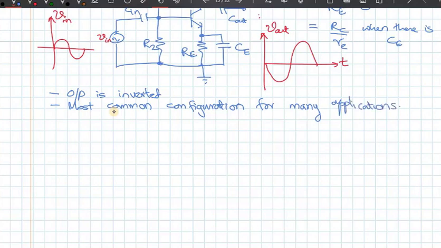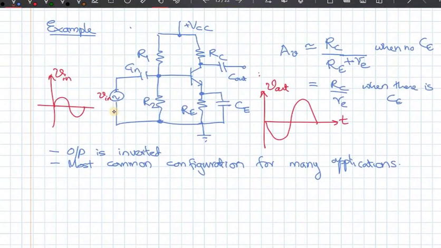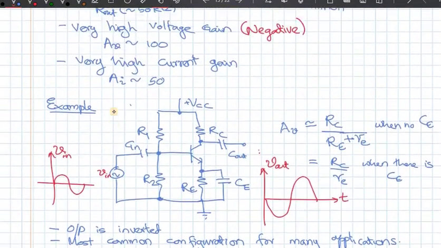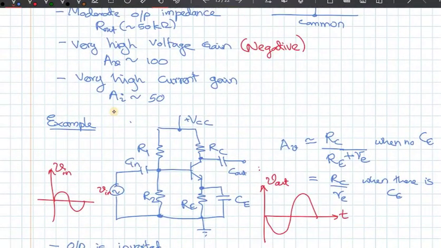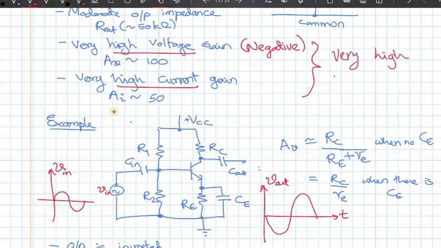The reason for that is this has both a current gain and a voltage gain which are greater than zero. So both high voltage gain and high current gain combine together to give very high power gain. That is, P out divided by P in is very high.